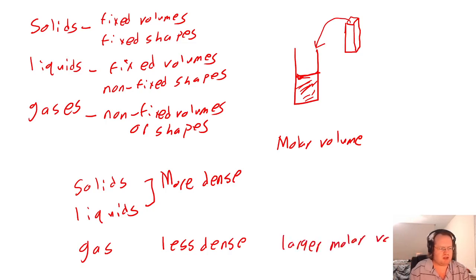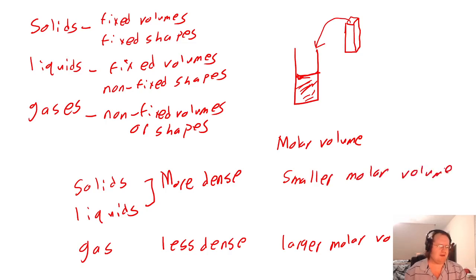And it's just another word we use for this term. Whereas comparatively, solids and liquids are going to have smaller molar volumes. Now these things are always comparative to each other. But yeah, those are the two new features we talked about here. And I realize my face blocked the word volume on larger molar volume, but I predict you know how to spell the word volume because it's right above there.